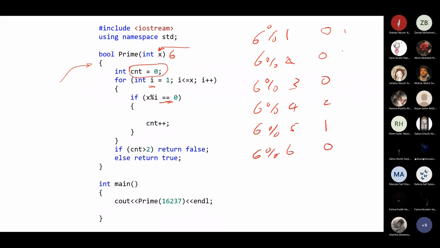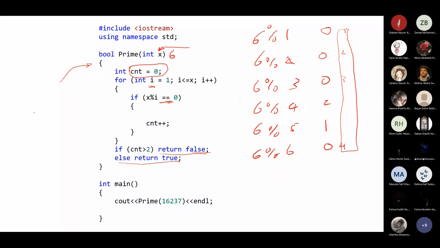Then I have here 1, 2, 3, and 4. If I have more than 2, okay, then it's not a prime number. If counter greater than 2 return false, it's not a prime number. Else return true. So in this case, it has to return false.